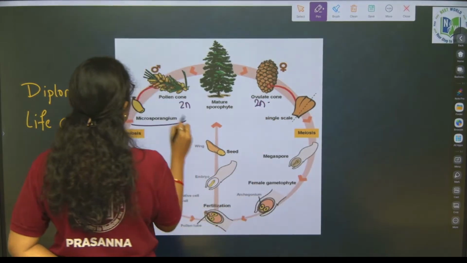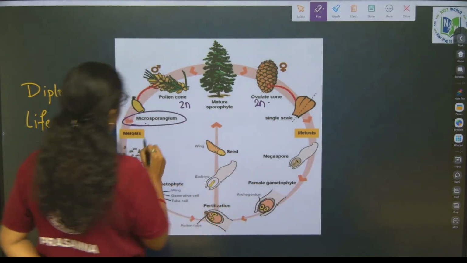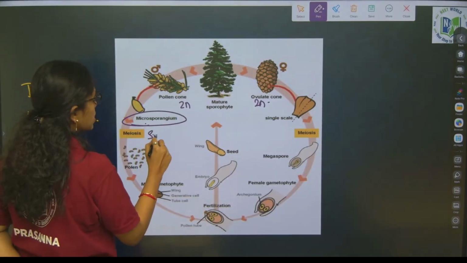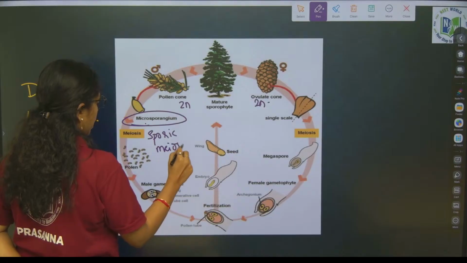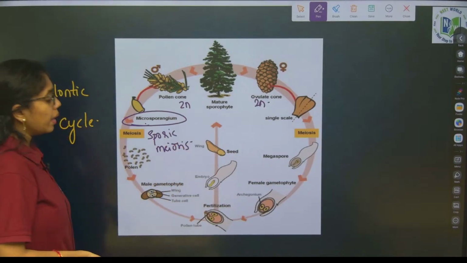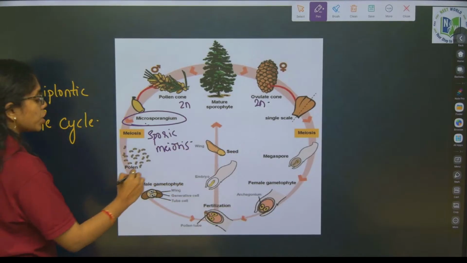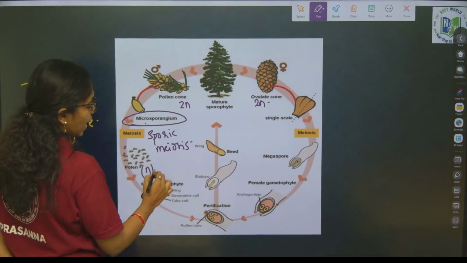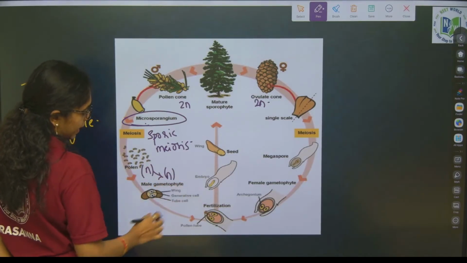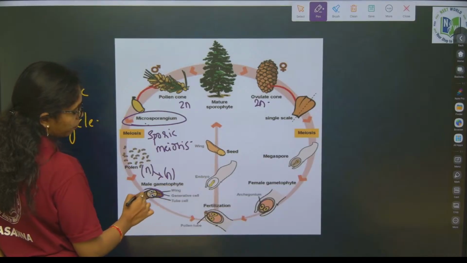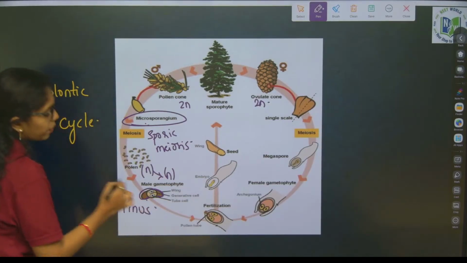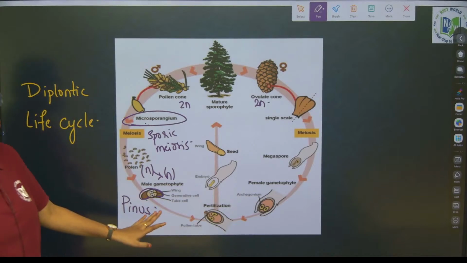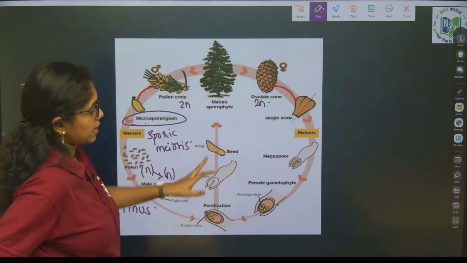And then here you can see microsporangium which undergoes sporic meiosis, and this forms haploid microspores which differentiate into haploid pollen grain and then to haploid male gamete, which show winged type of pollen grain in Pinus. Pinus will show winged type of pollen grain, which is an important question, once asked in the final examination.